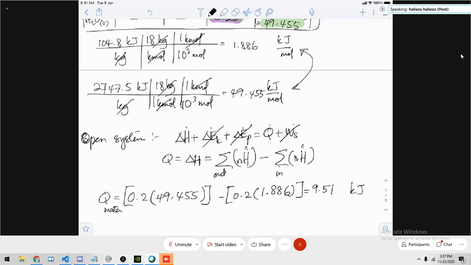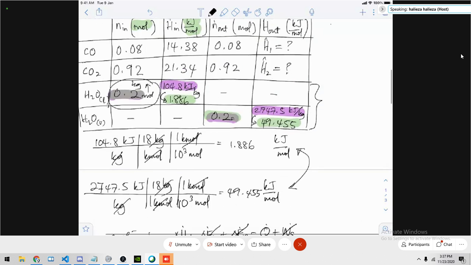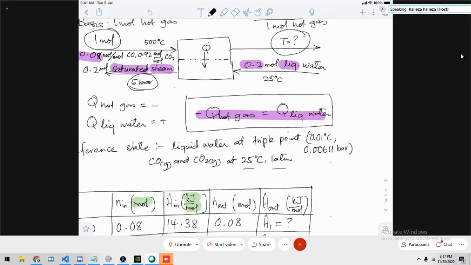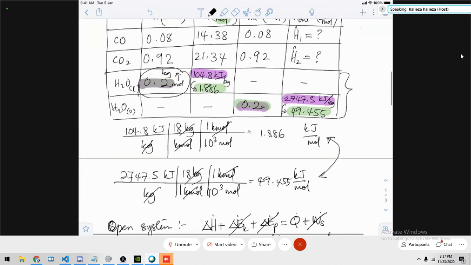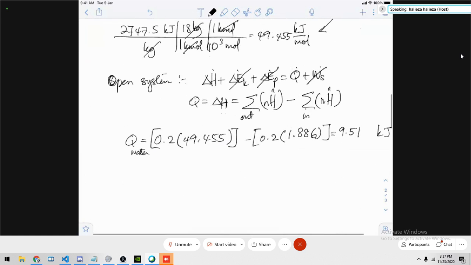So 9.51. Go back to our statement just now. The liquid water is receiving the heat, so it's positive, but the hot gas is giving off the heat, so it should be negative. The same heat that we just calculated for the hot gas is equal to negative 9.51 kilojoules.